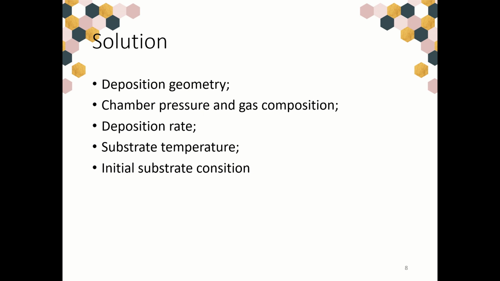Next, we should consider chamber pressure and the gas composition. It is important to control the gas composition and the pressure because it reduces background gases, for example, dioxide. Then deposition rate. It impacts the nucleation and the condensation process during film growth.